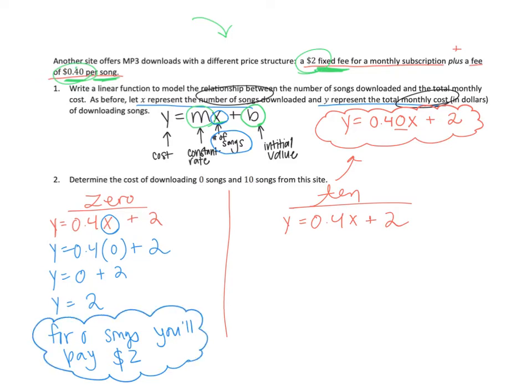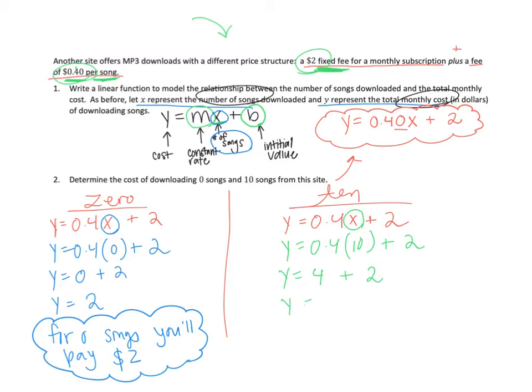Go ahead and figure out right now how much you're going to pay for 10 songs. Please change your X value to a 10 and solve and tell me for 10 songs how much you will pay. We'll go over this in about 30 seconds because it is super quick. All right, so 0.4 times 10 is 4.